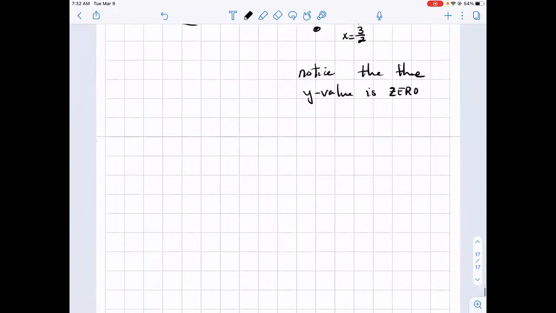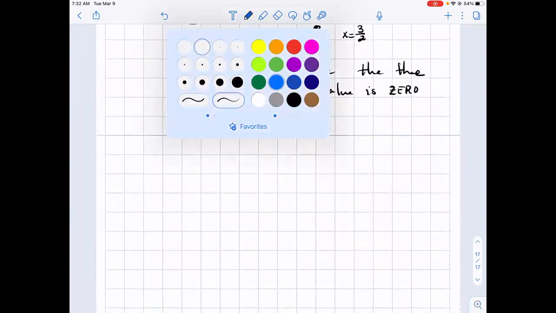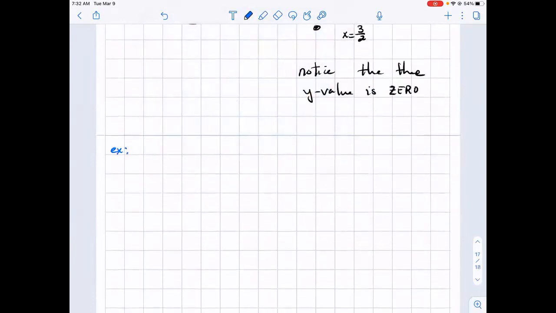You will notice this for quadratics, right? If we have another example: find the zeros of f of x equals x squared plus 7x plus 12.